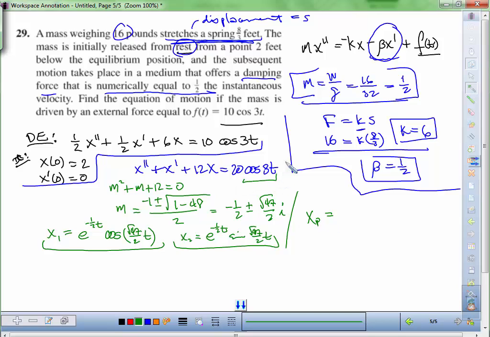So if you have a polynomial, then you'll just take that polynomial to the highest degree, and then you have coefficients A, B, C, however far you need to go down. If you have exponentials, then you'll take that exponential with a coefficient out in front, as long as it doesn't match with the other things.